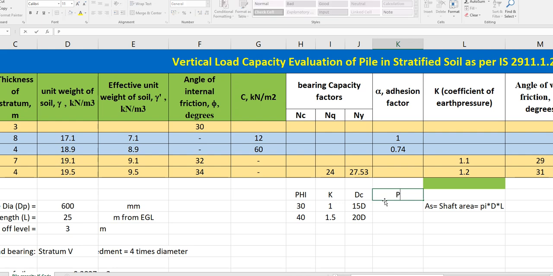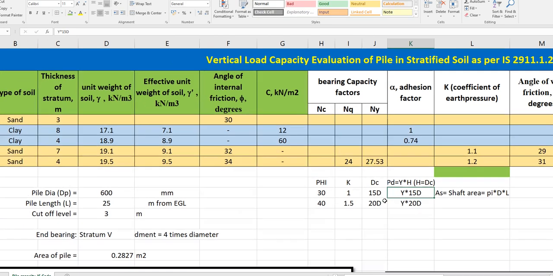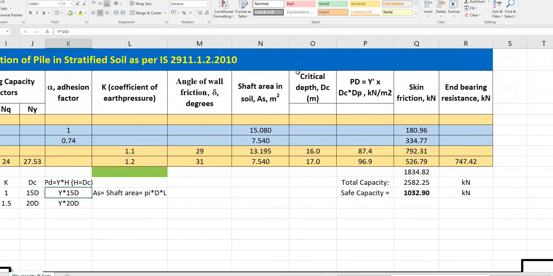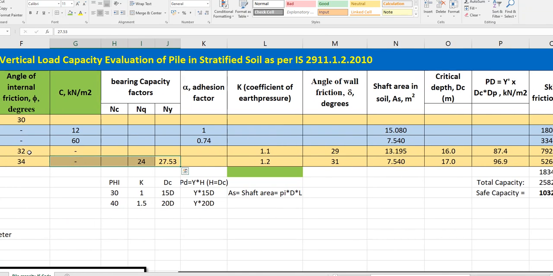So P_D will be gamma into H, where H is nothing but D_c. So it will be gamma into 15D, or gamma into 20D. This is how we will obtain P_D. So we will see here critical depth is 16 for phi equal to 32. For 30 degrees we have 15D, for 32 we will have 16D, right? So we have taken 16 here.